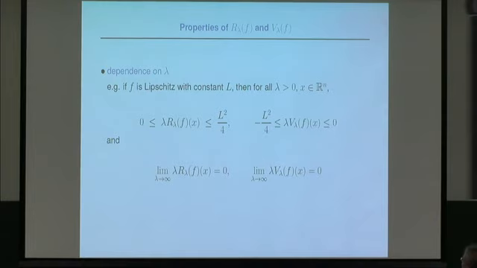Likewise for the valley transform, and moreover, you get limiting properties as lambda tends to infinity: not just do the ridges tend to 0, but if you multiply by lambda, you still get it tending to 0. Basically, as lambda gets larger and larger, the lower transform will get closer and closer to the original function.